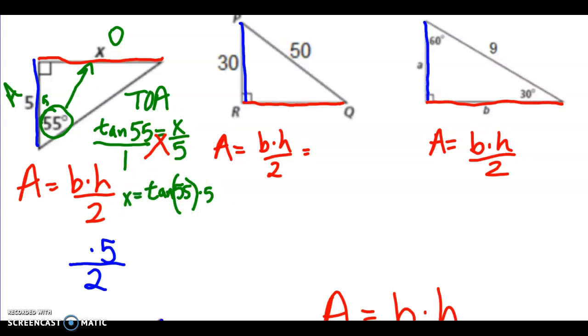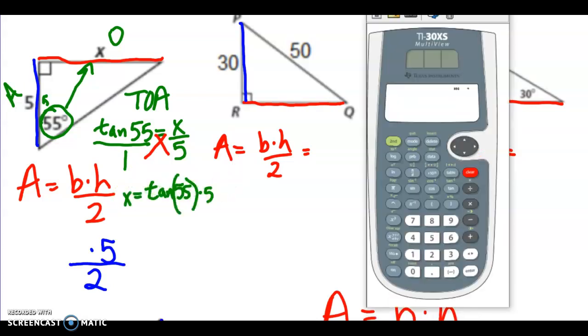All right, so I'm going to type in on my calculator. All right, tan 55, parentheses, or on your cell phone, 55, then the tan button, then equals, you'll get a decimal, and then hit whatever that number is, times it by 5. So I got 7.14.